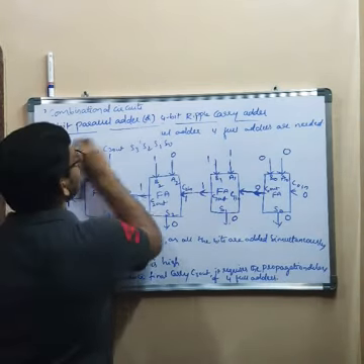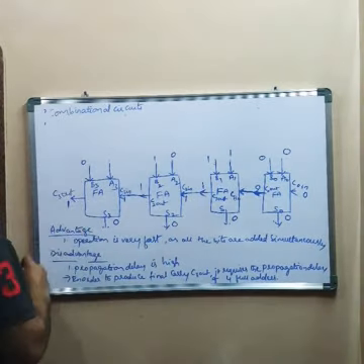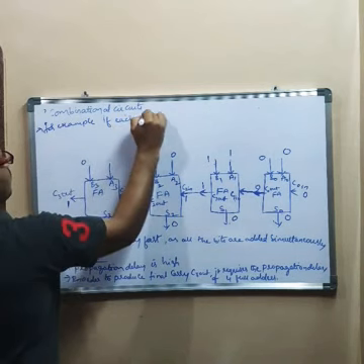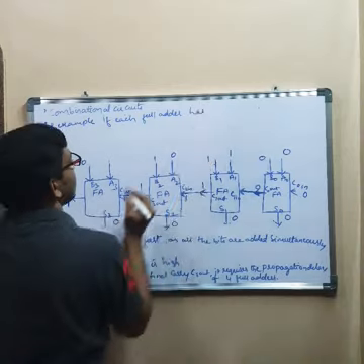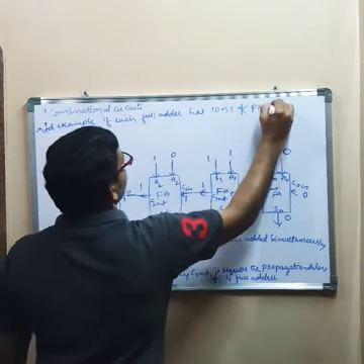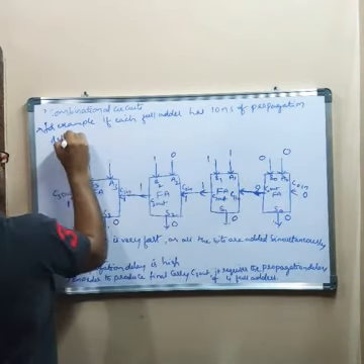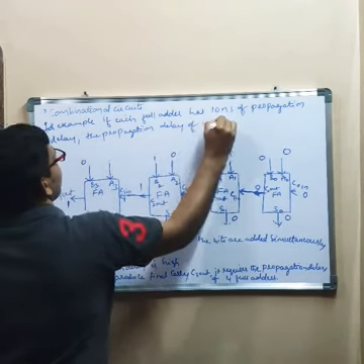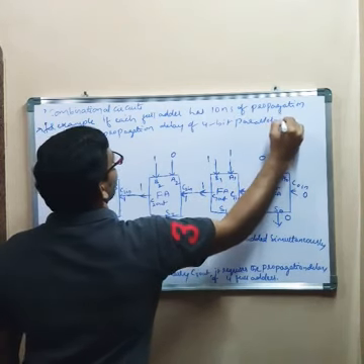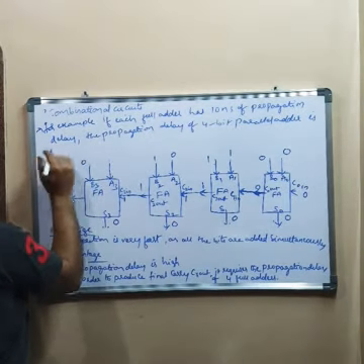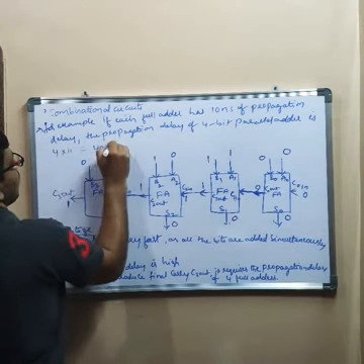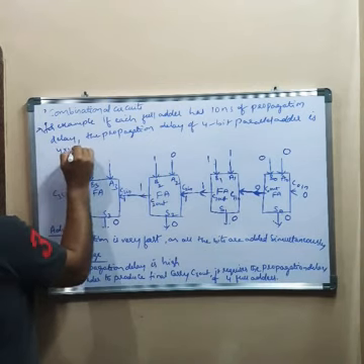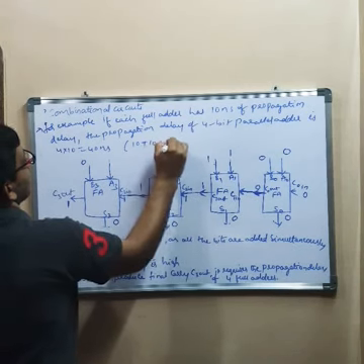Right? For example, if each full adder has 10 nanoseconds of propagation delay, the propagation delay of a four-bit parallel adder is 4 into 10, that is equal to 40 nanoseconds, that is 10 plus 10 plus 10 plus 10 nanoseconds.